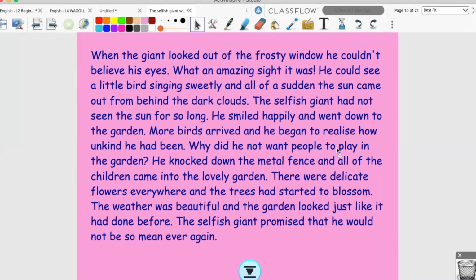Why did he not want people to play in the garden? He knocked down the metal fence, and all of the children came into the lovely garden. There were delicate flowers everywhere, and the trees had started to blossom. The weather was beautiful, and the garden looked just like it had done before. The selfish giant promised that he would not be mean ever again.